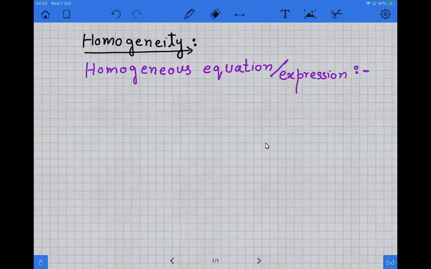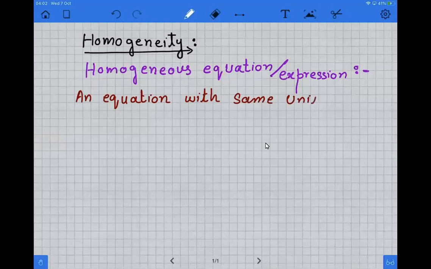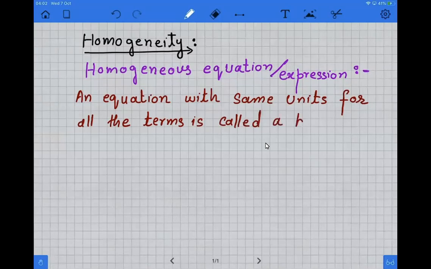So, basically, an equation with same units for all the terms, an equation with same units for all the terms is called a homogeneous equation.